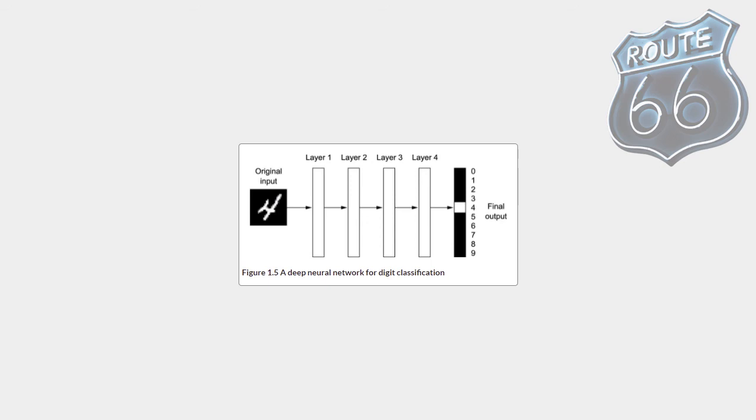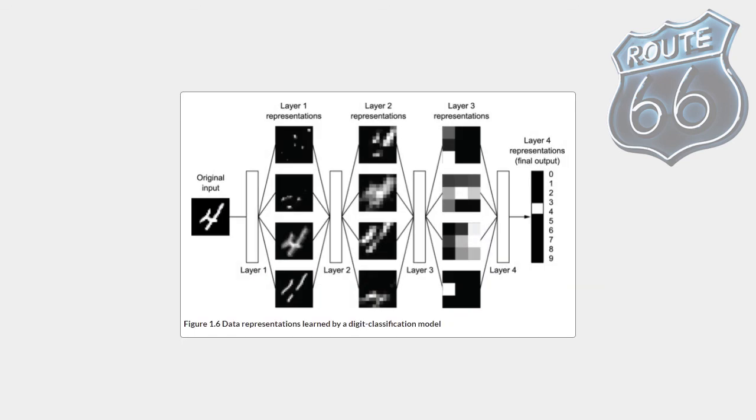What do the representations learned by a deep learning algorithm look like? Let's examine how a network several layers deep, see Figure 1.5, transforms an image of a digit in order to recognize what digit it is. As you can see in Figure 1.6, the network transforms the digit image into representations that are increasingly different from the original image and increasingly informative about the final result.